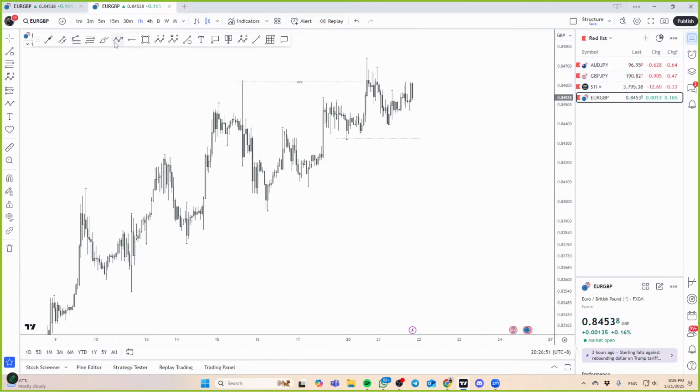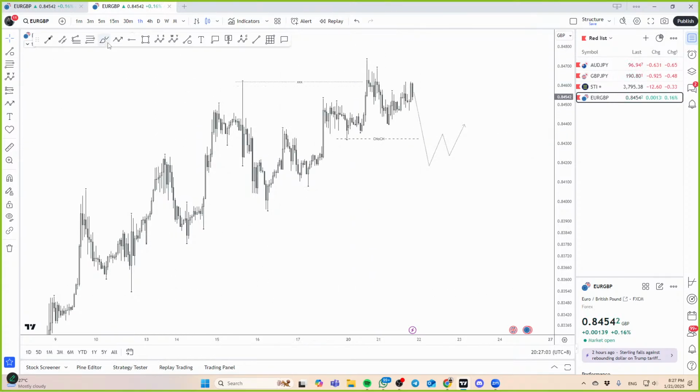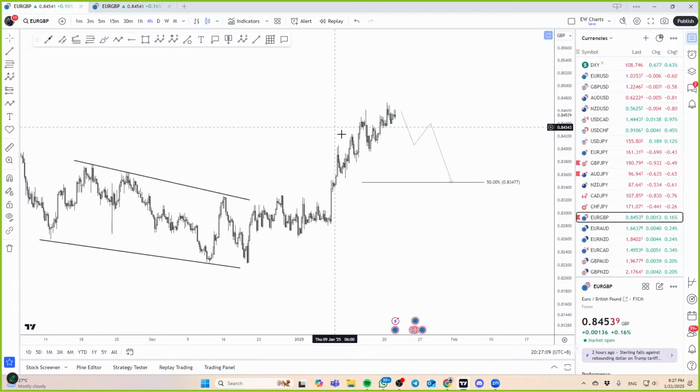But if from here we start to see the market come down, give you an impulsive break, then this can be a liquidity sweep. This can be a change of character, and then pull back, look to sell, and that will come right into the higher time frame, right? So that's on the Euro Pound side.